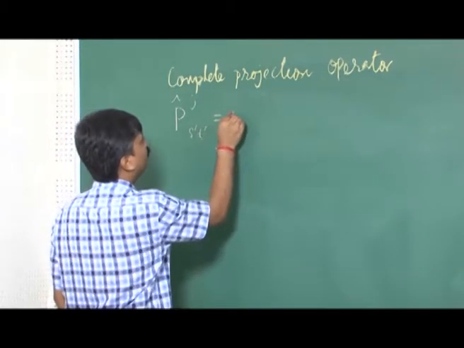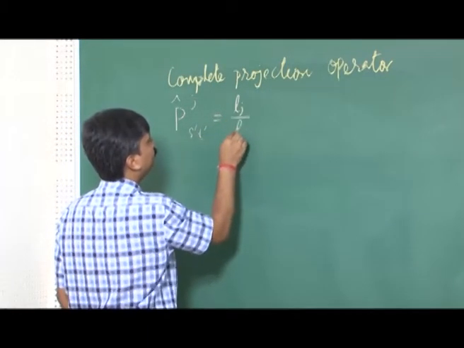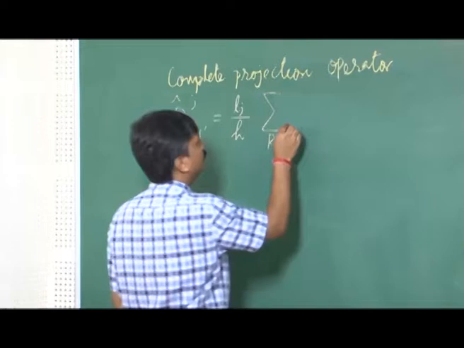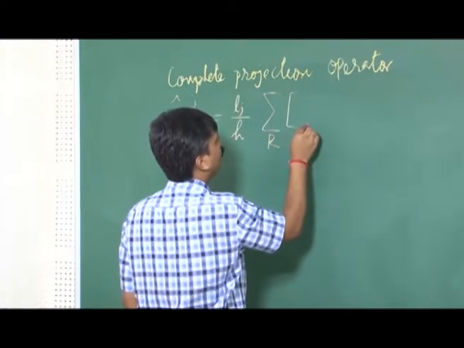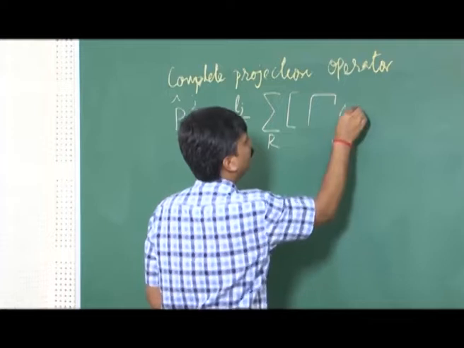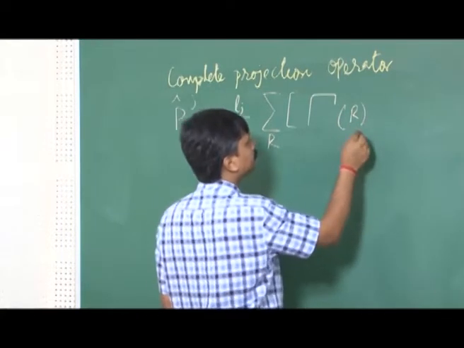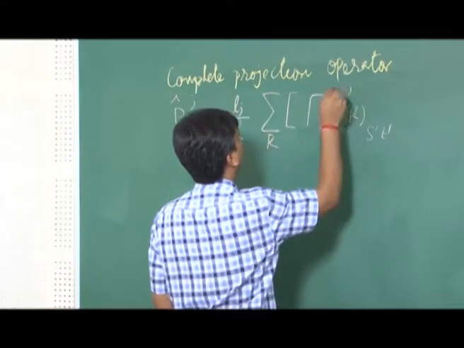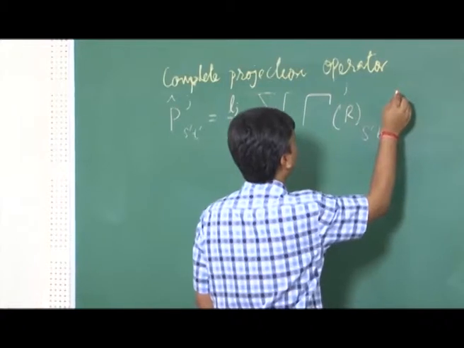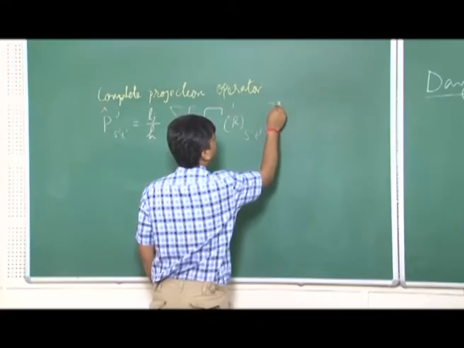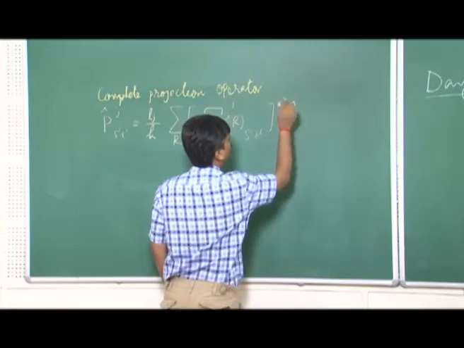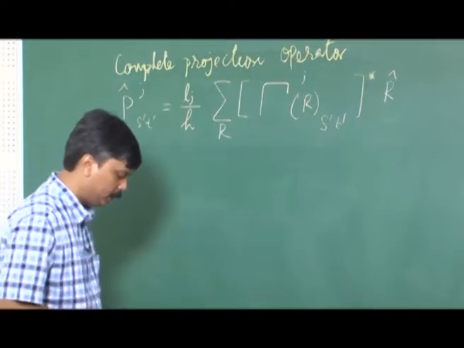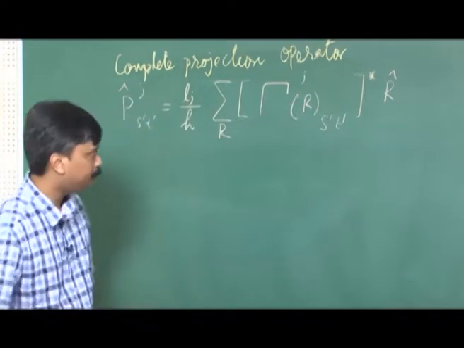So what we got there is this, and a sum over R of the matrix elements S prime T prime for a particular irreducible representation J over all the symmetry operations. So that was the complete symmetry projection operator, because it deals with all the matrix elements, right?